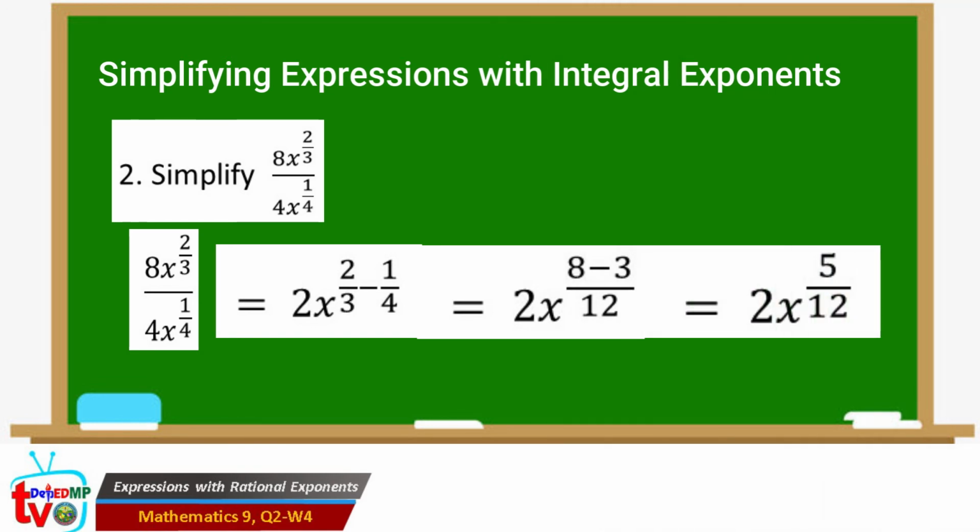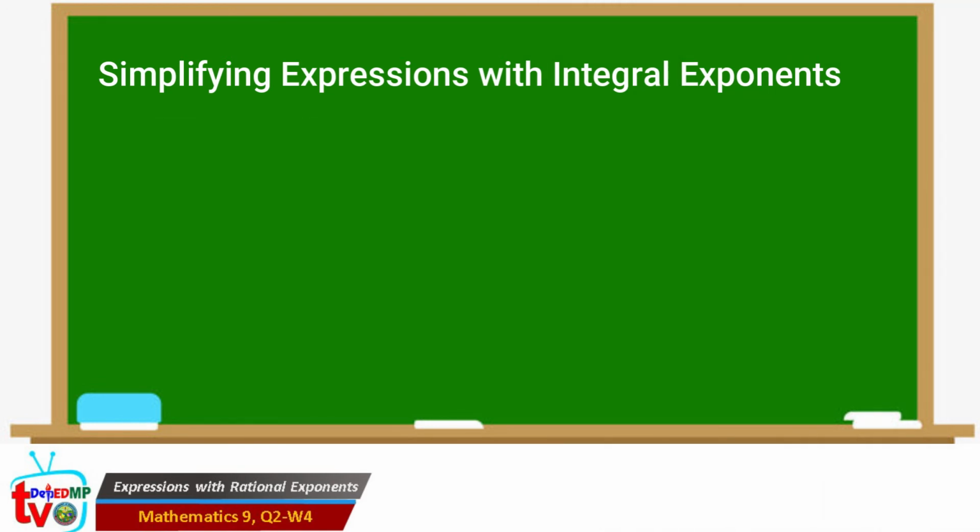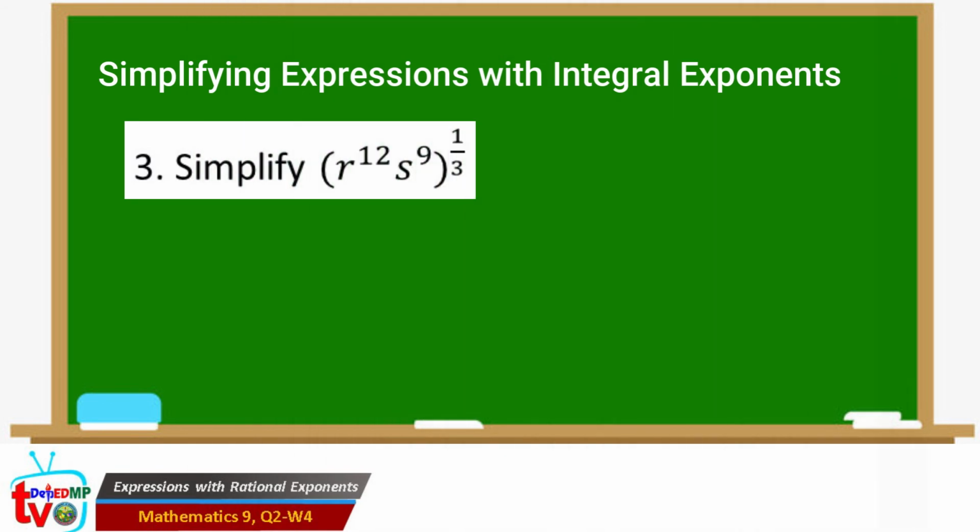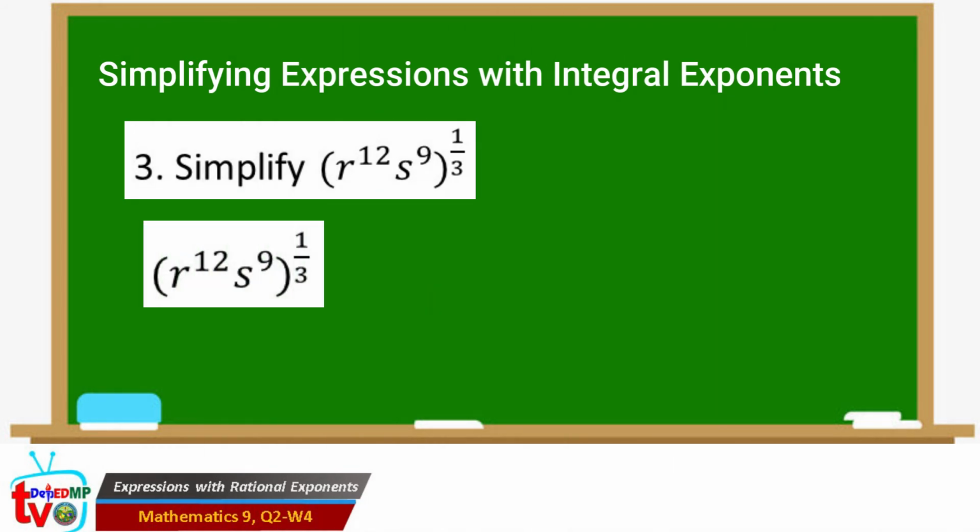Third example, simplify the quantity of r raised to 12, s raised to 9, raised to 1/3. First, multiply the power 1/3 to the powers of r and s.